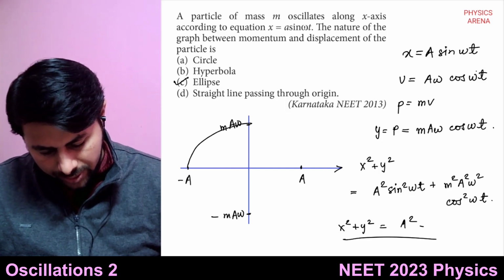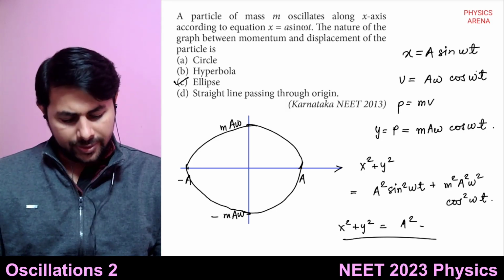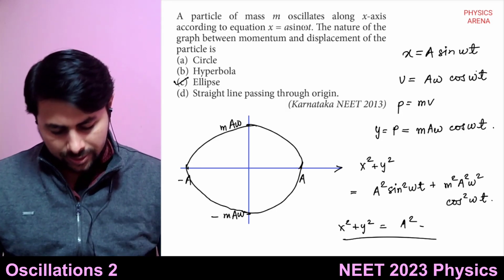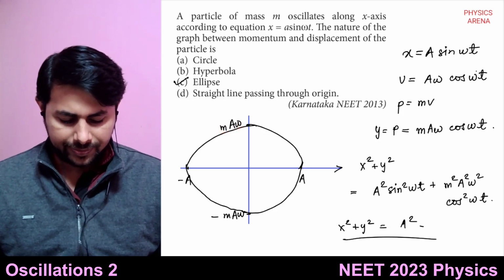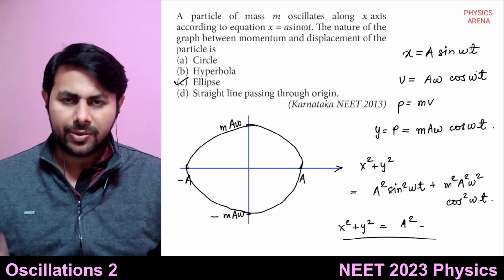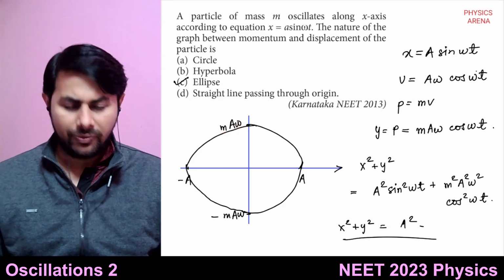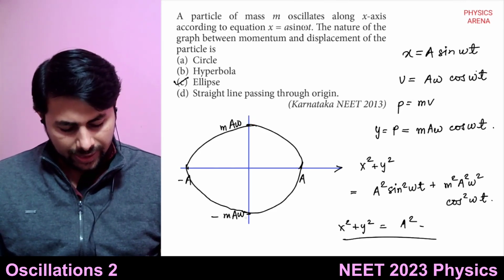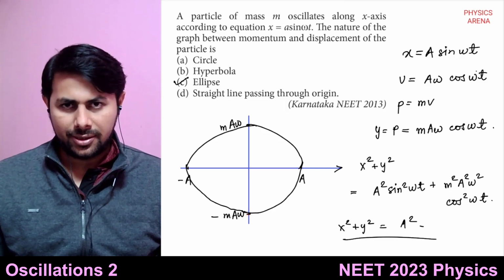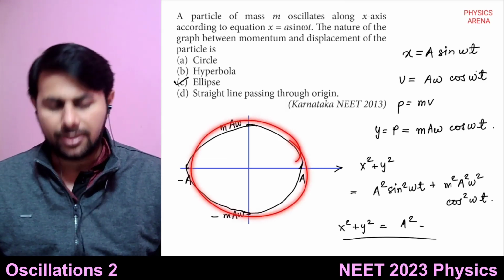So ellipse will look like this. Now it depends on values of m and omega. Okay, if m and omega is equal to 1 and 1, then what will happen? So this thing becomes a and this thing becomes minus a. So then it will be a circle.